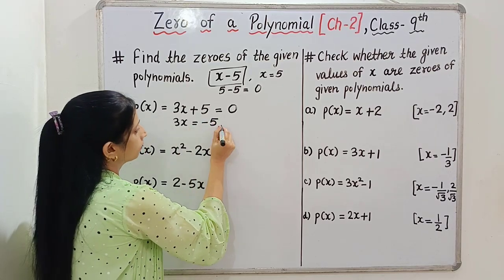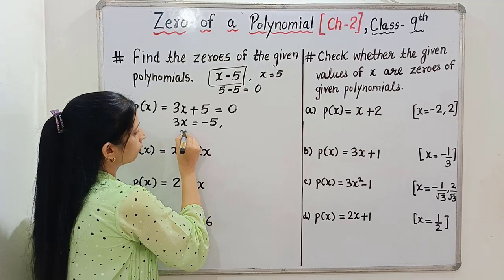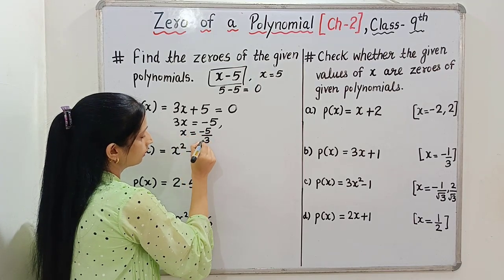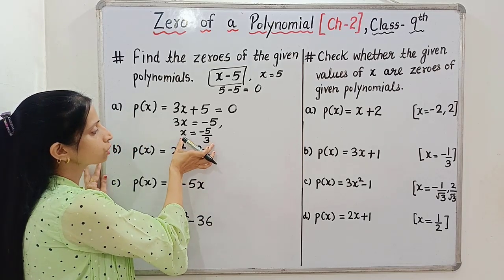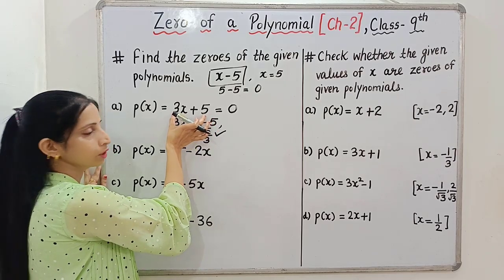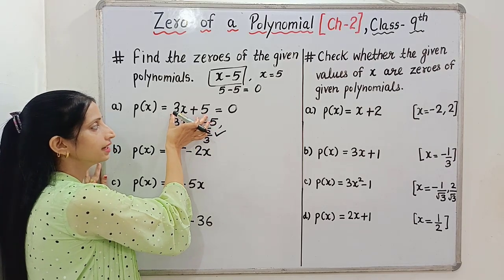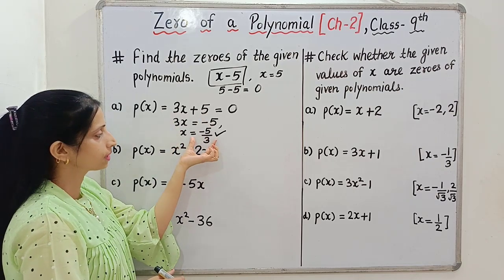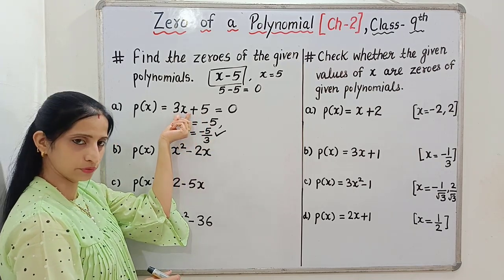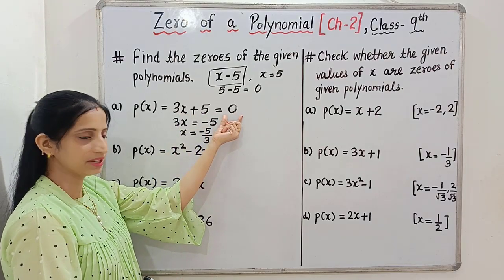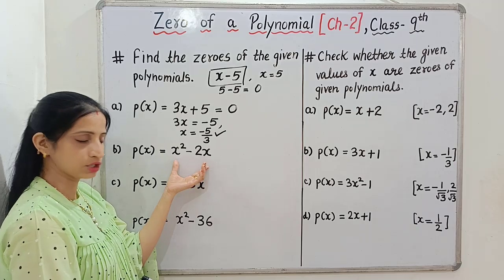Now by transposing, what we will get? x will be equal to minus 5 upon 3. This means x is equal to minus 5 upon 3 will be the zero of 3x plus 5. How can we check? We can substitute this value in place of x and check whether it is coming 0 or not.